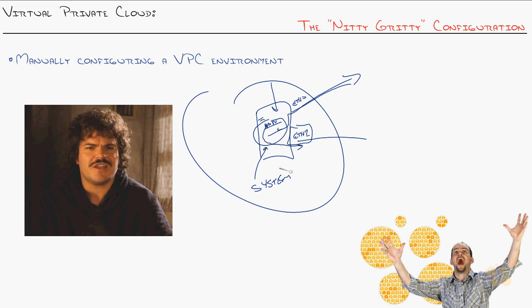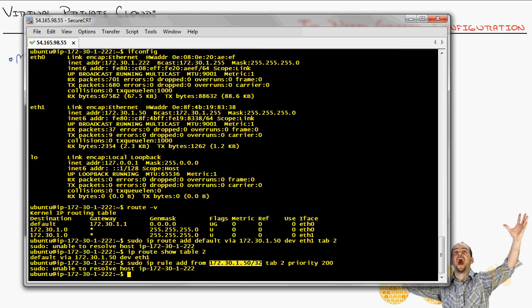For everything in the system that needs to get out, it's going to go out ETH0. You can change that, but that's not the way we're approaching it right now. We're saying that if anything comes or goes to that one interface, then use this custom routing table number 2 that we just created, right? So we've now got routing table number 2 in play there.